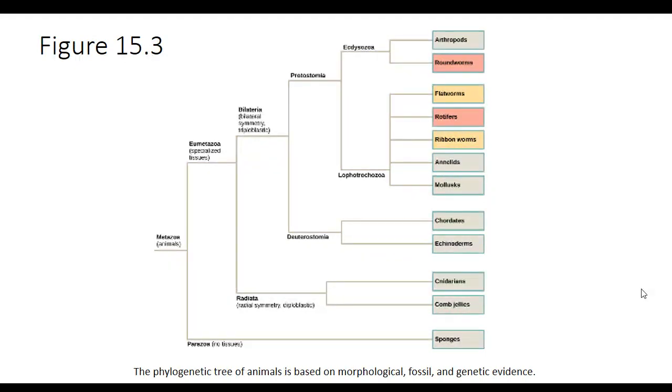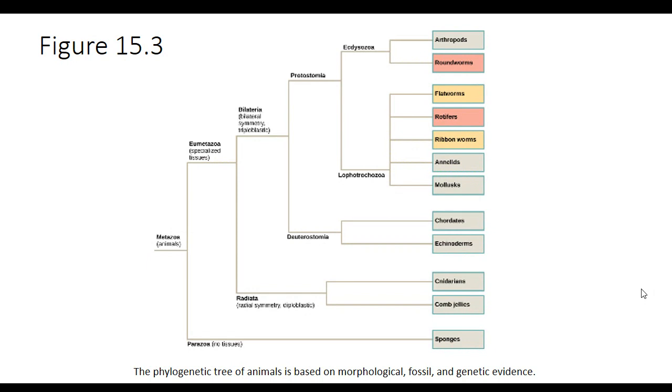And these Lophotrochozoa and Ecdysozoa, this is a kind of larval stage that all of these groups have. It's just a little tiny larva that is aquatic, lives in water for a while, and then it settles down and grows into the adult.